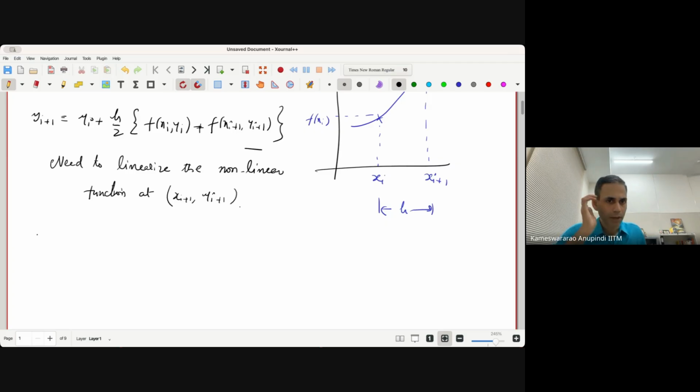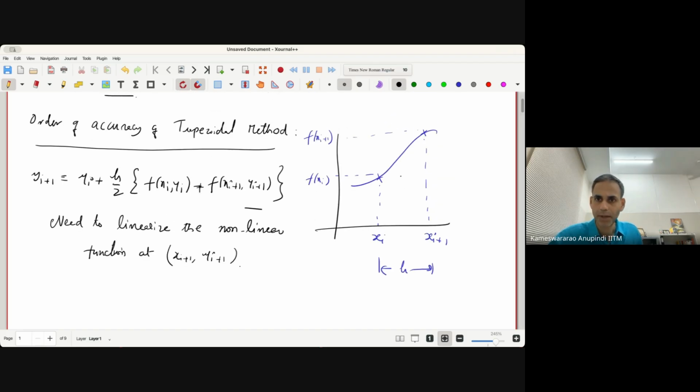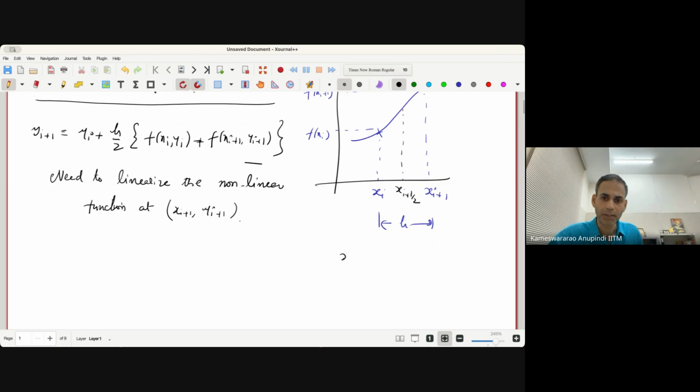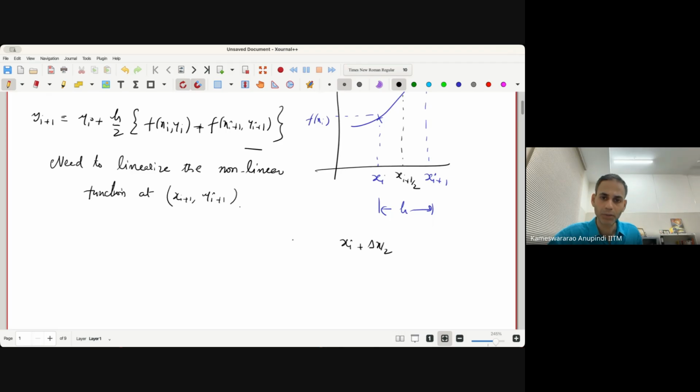Because in the trapezoidal method things are going to be about x_{i+1/2}, which is nothing but x_i plus delta x by 2. This is also equal to x_{i+1} minus delta x by 2, right?